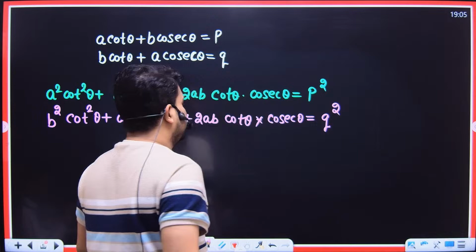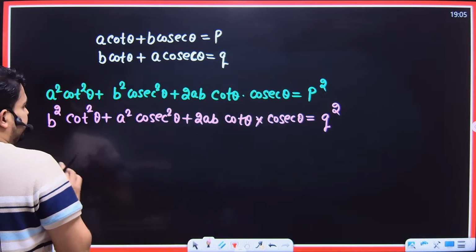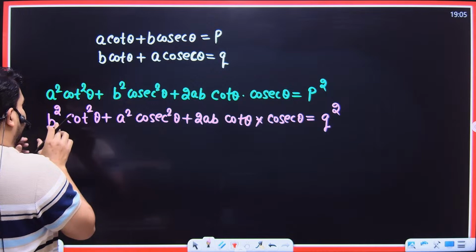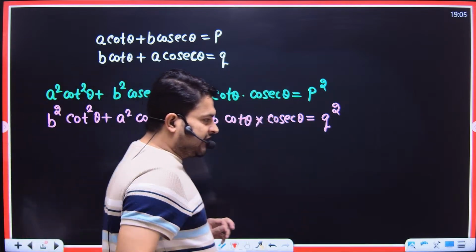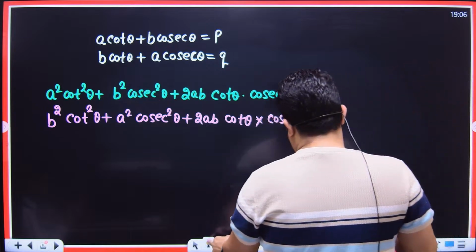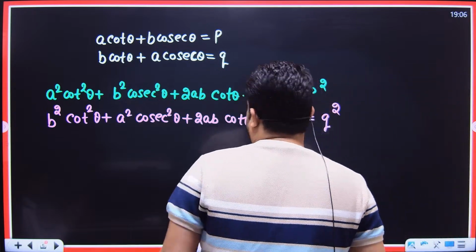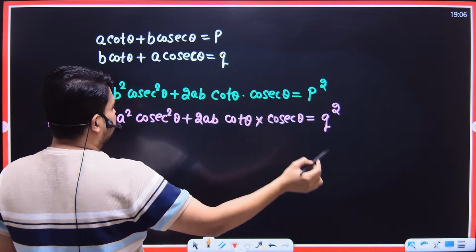If I do P square minus Q square, it means I am subtracting. Suppose this one is my equation first, this one is my equation second. If I subtract equation second from equation first, what will I get? The 2AB cot theta cosec theta terms will be cancelled out.